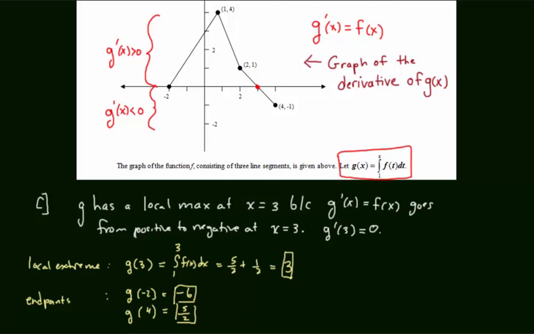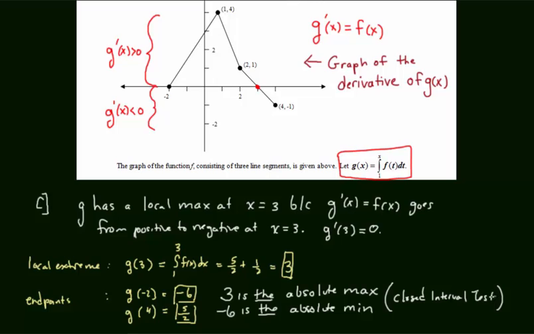And I will say 3 is the absolute max. And I will say that -6 is the absolute minimum. Notice they're saying the, not where, by the closed interval test.